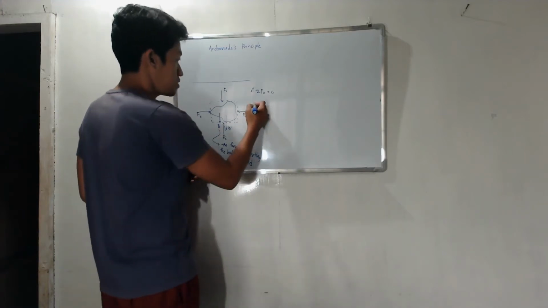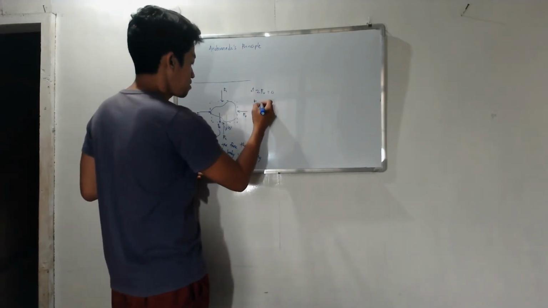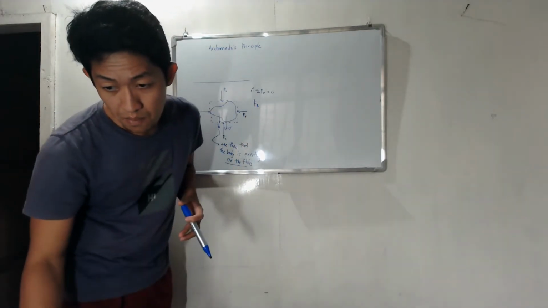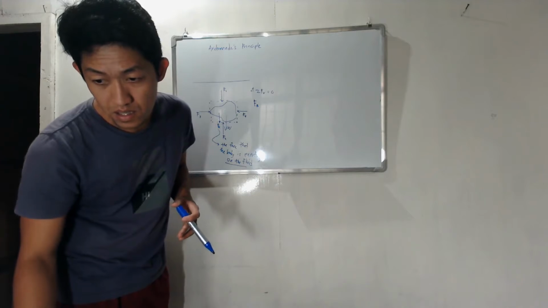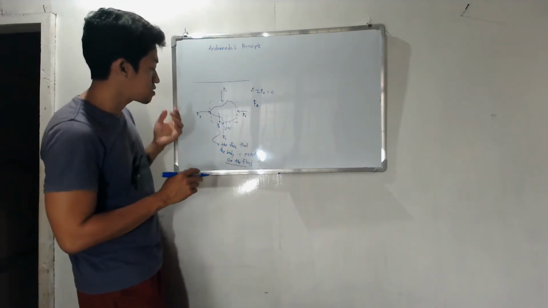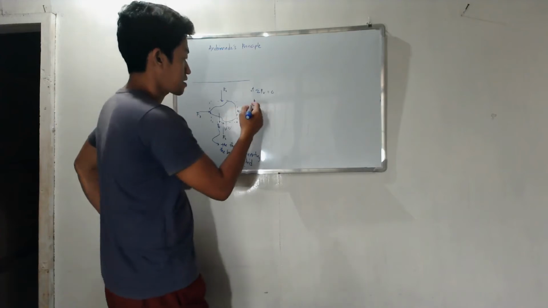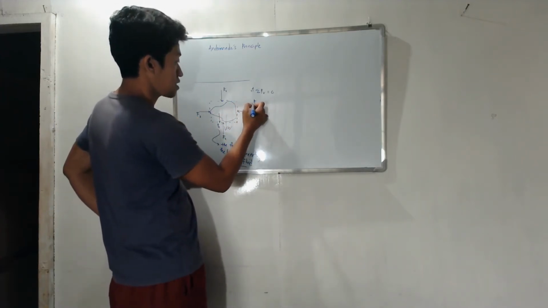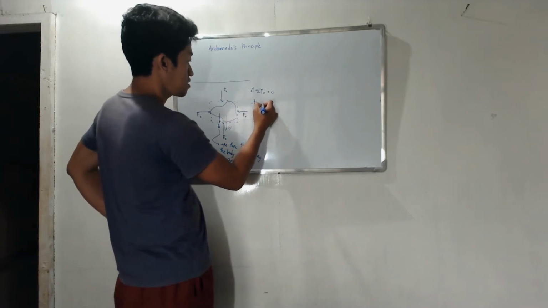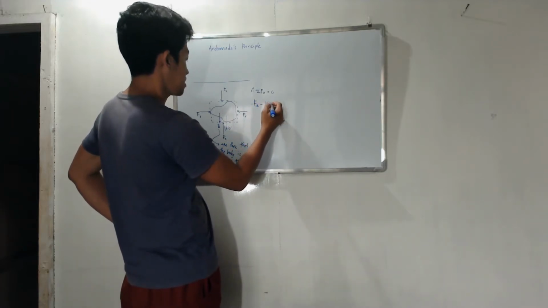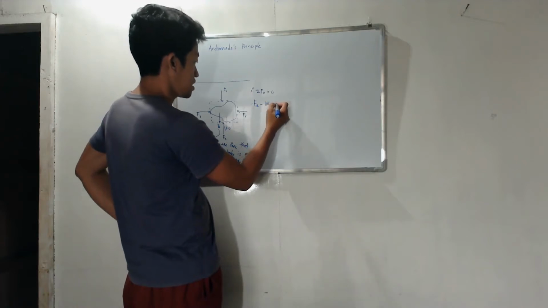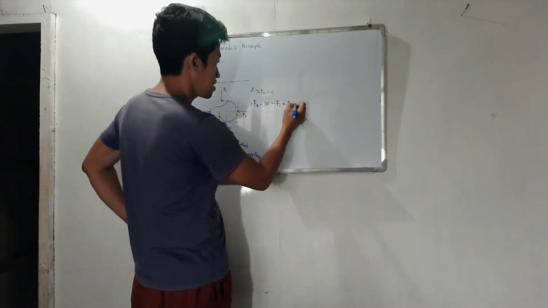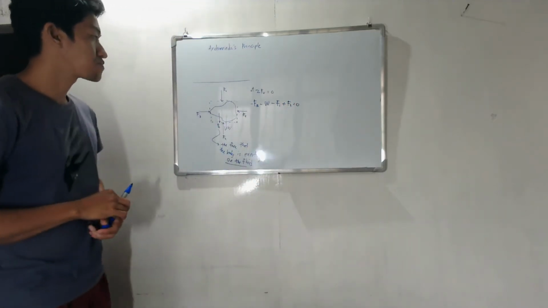So you have the buoyant force, F sub B only, so that we don't get confused later on. Minus weight, minus F1, plus F2 is equal to 0.